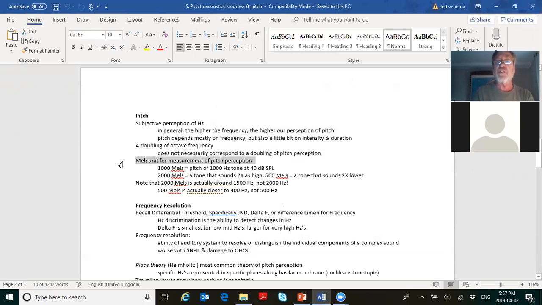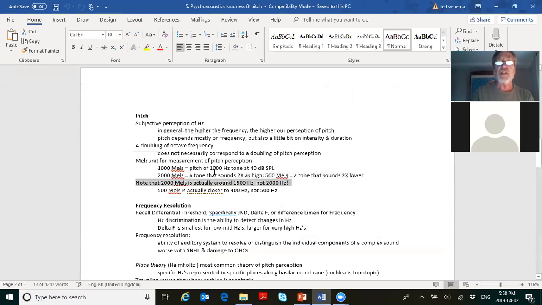The mel is the unit for pitch perception. 1,000 mels is a pitch of a 1,000 hertz tone at 40 dB SPL. 2,000 mels, a tone that sounds twice as high in pitch. 500 mels, a tone that sounds twice as low. Note that 2,000 mels is actually around 1,500 hertz, not 2,000 hertz. 500 mels is actually closer to 400 hertz, not 500 hertz.